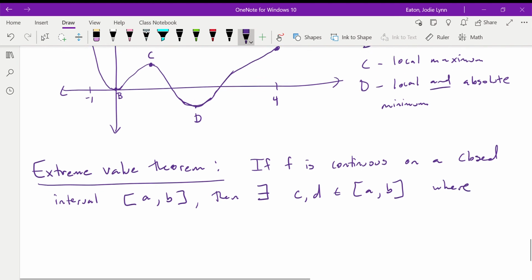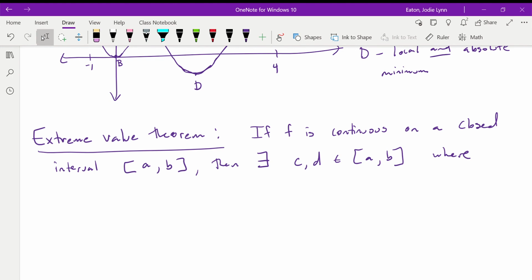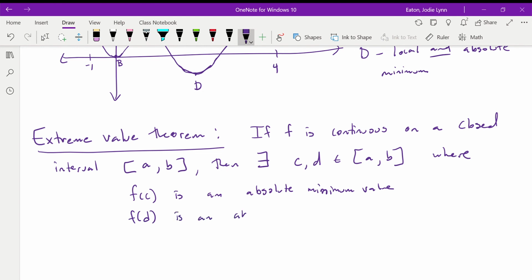where f of c is an absolute minimum value, and f of d is an absolute maximum.